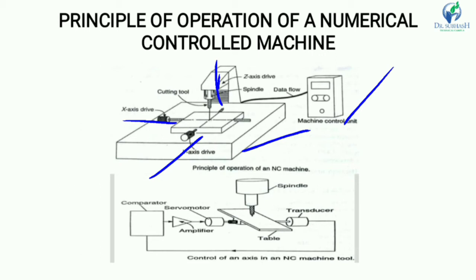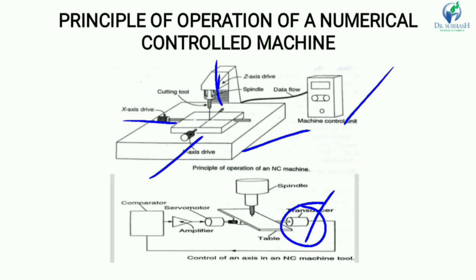Each slide is fitted with a feedback transducer, which continuously monitors the slide position and compares it with the program position as well as the feed rate. You can see here this is the transducer, which gives the feedback.